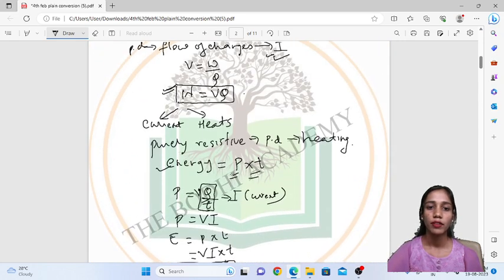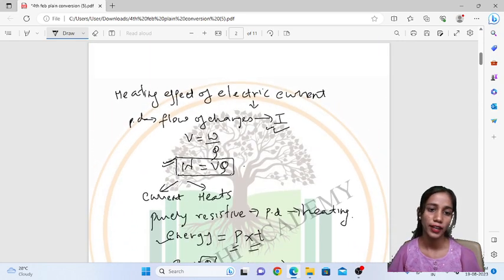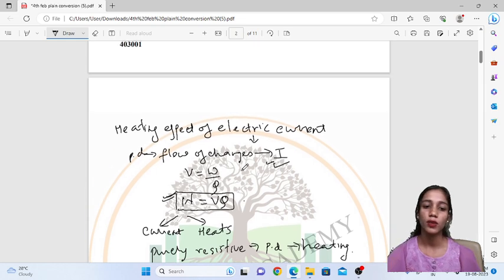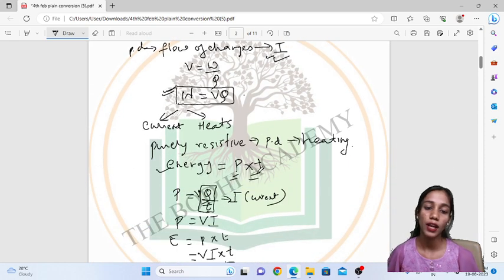When we were studying the heating effect of electric current, we first saw that the potential difference given by the battery in an electrical circuit does work, which equals potential difference into the charge. This energy is given out as current and also as heat.